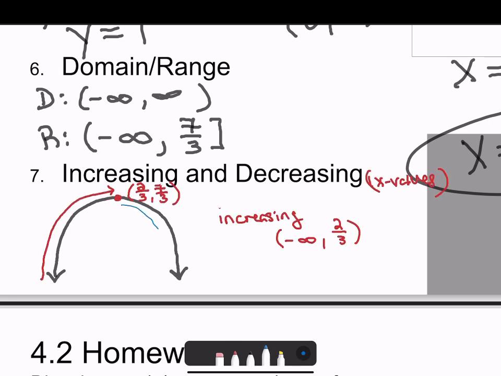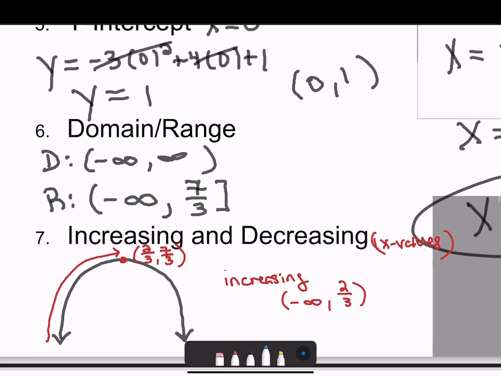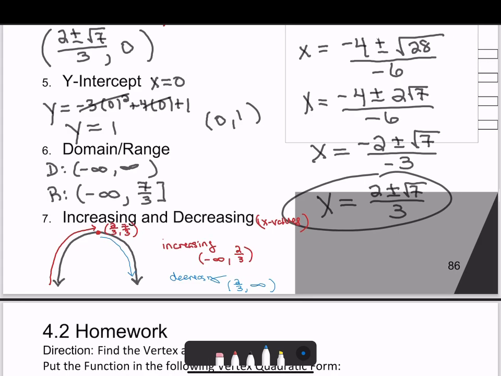Then from here to here, I'm decreasing. So from 2/3 to infinity, I'm decreasing. You're just trying to figure out where on your parabola are you increasing and decreasing. That's all that is.